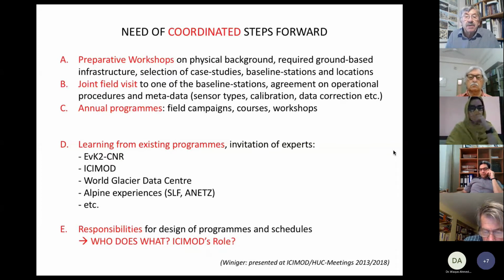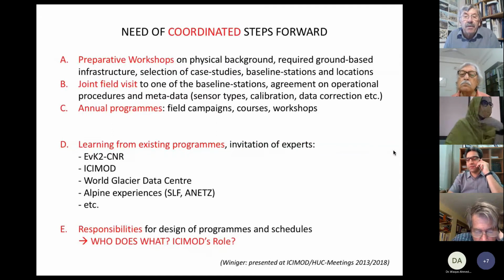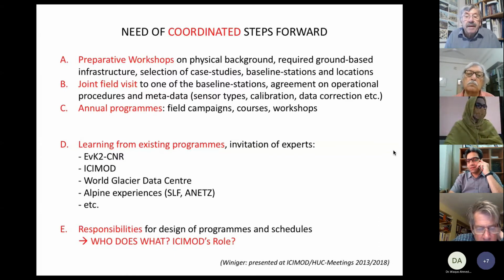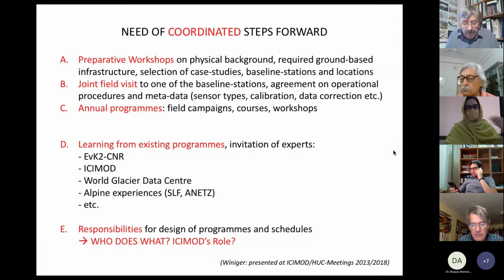And then that's what under D, there are many internationally many programs which are similar where we can learn from. Everest K2, ICIMOD, World Glacier Data Center, Alpine Experiences, and so on. There are many more. We have simply to define, and there the Himalayan University Consortium can really add. That's under E, on the last point.